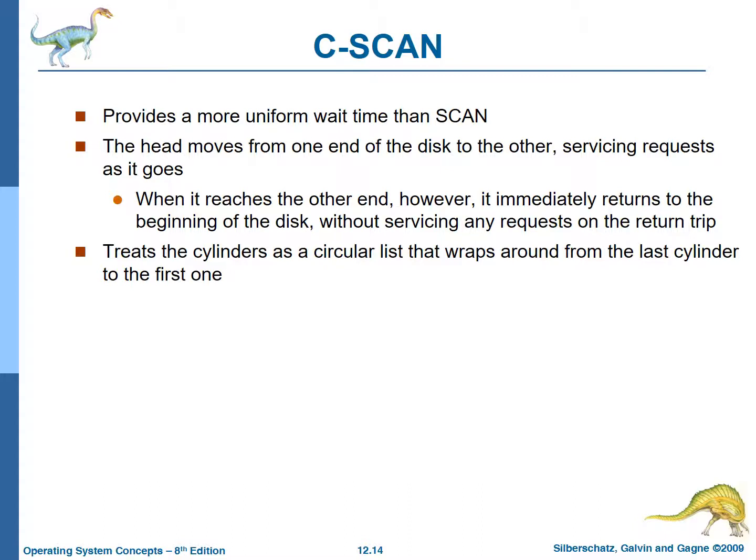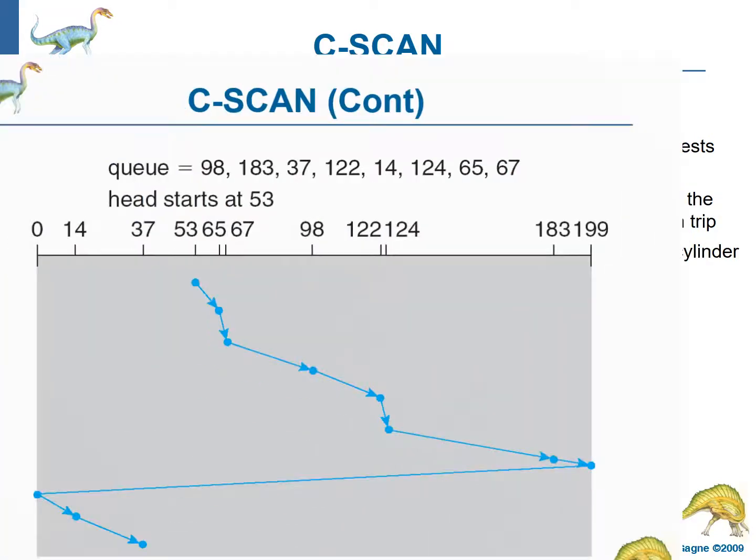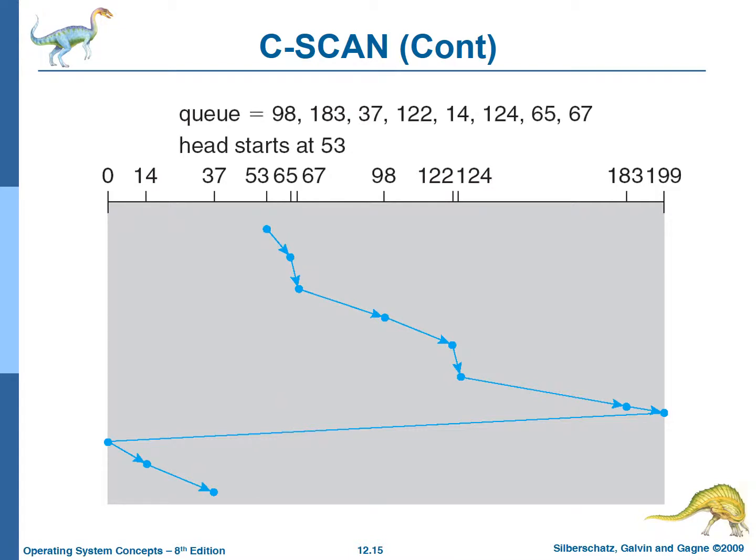It treats the cylinders as a circular list that wraps around from the last cylinder to the first one. Here is the illustration: the head starts at 53, followed by 65, 67, 98, 122, 124, and so on.